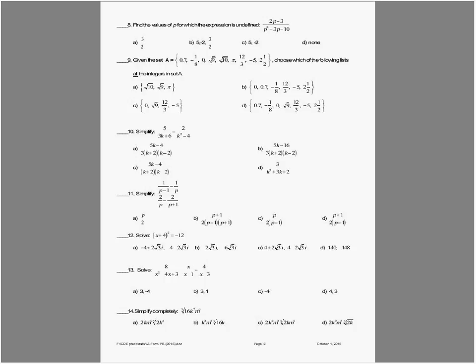I think I'm going to open up another page on this one too, because it's going to involve a lot of work. Okay, it says 1 over p minus 1 over p, over p, 2 over p plus 1.